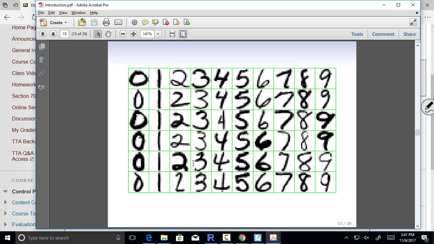Or suppose you work for the post office and you're in charge of developing a computer algorithm for automated reading of handwritten notes, like addresses on an envelope. You might have a training data set that looks like this. Here's a bunch of zeros written by hundreds of thousands of people. And here's a bunch of ones written by hundreds of thousands of people.